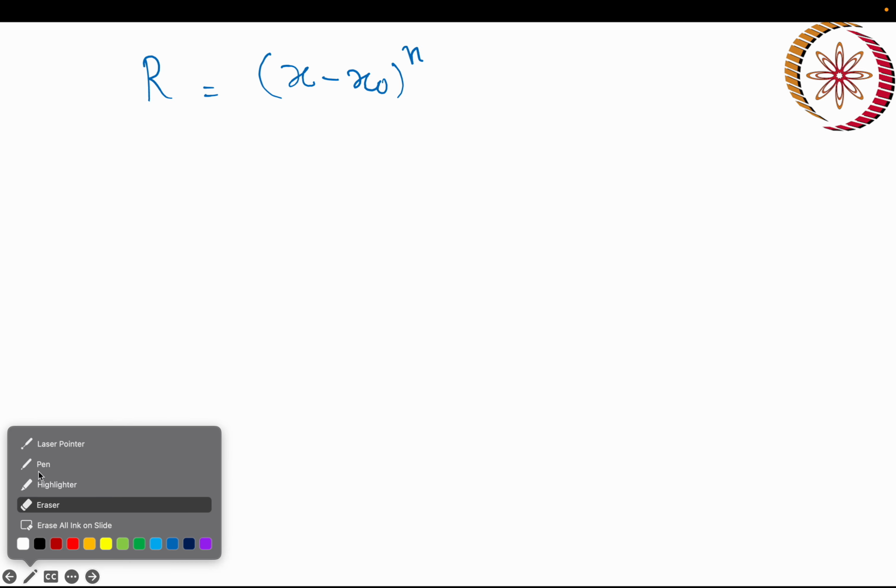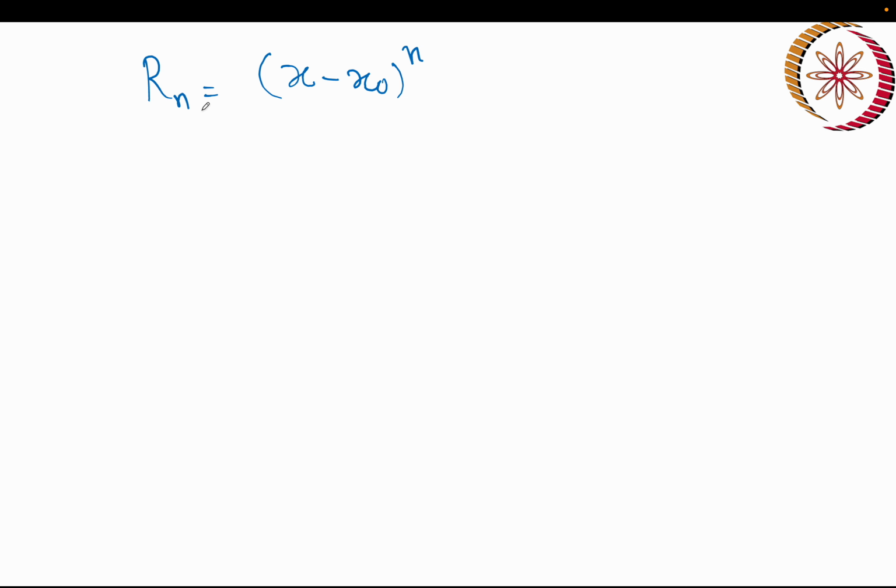Okay, so the residue for this expansion will be (x minus x0) raised to the power... Since we are using a third degree polynomial, in general I will write this and then we'll substitute R3 specifically.